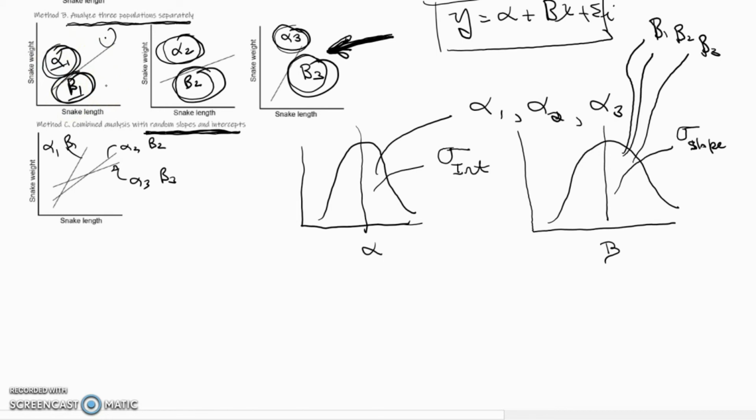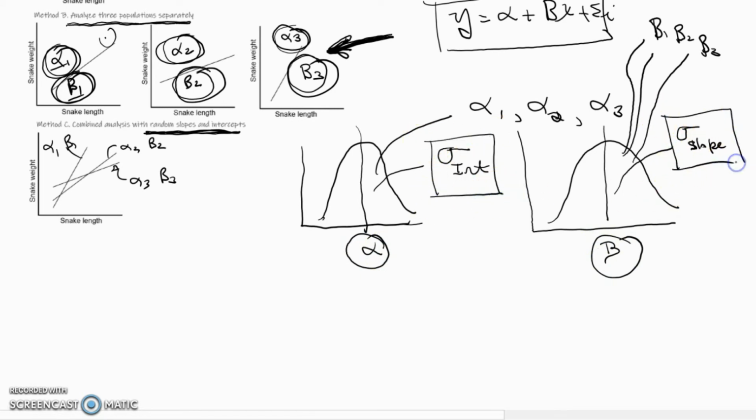What I did was, I specified the mean of alpha and beta. I specified some index of the variability of the intercept and the slope. Then I randomly drew particular values of alpha and beta from those distributions and used those to simulate the data.